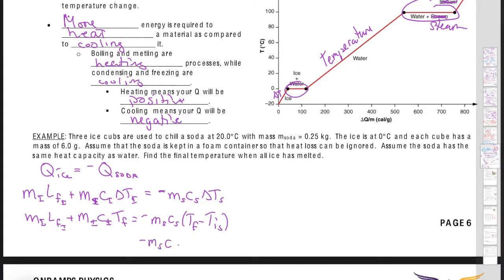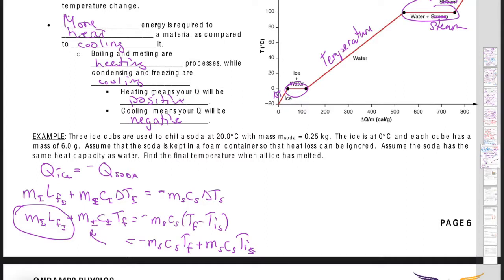So I have MSCS TF minus MSCS TIS, right, equals this up here. Get all my final temperatures on one side, everything else to the other. So one thing to note is that if the ice started at a different temperature, we would have to add that part into this, right? But because the initial temperature of ice is 0, we can just eliminate that part of the equation.